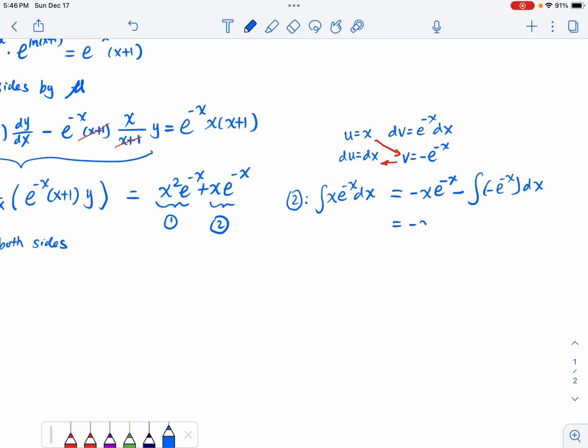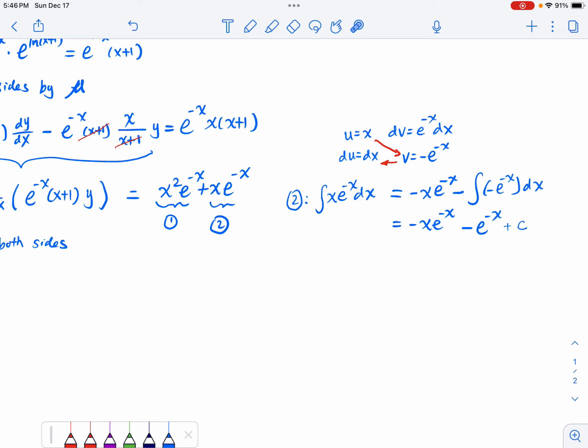And this is equal to negative x e to the negative x. So here this minus, it becomes plus. And the antiderivative of e to the negative x is negative e to the negative x. So this is it. Of course, we have to add the constant c.